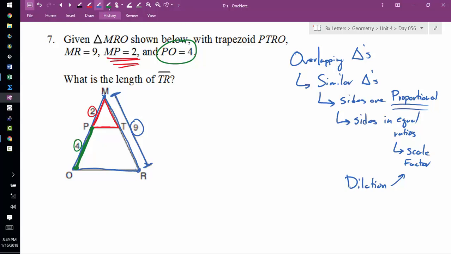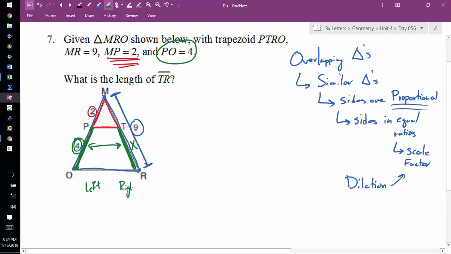Ooh, that other green piece. This thing right here. They don't want me to figure out what that is. There's a couple different ways you can do that, but I think if we set it up like this, it's pretty clear that 4 from like the left side corresponds to x on the right side. So I can make a fraction.